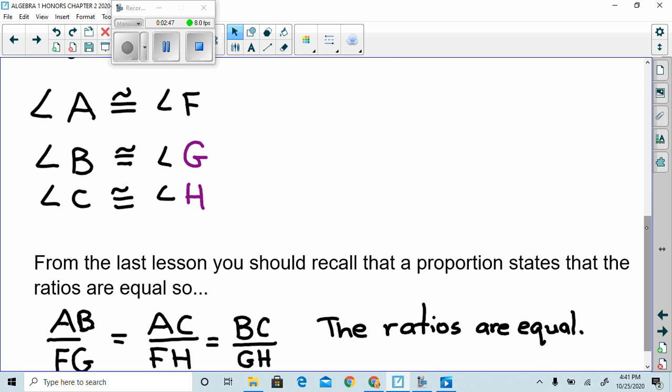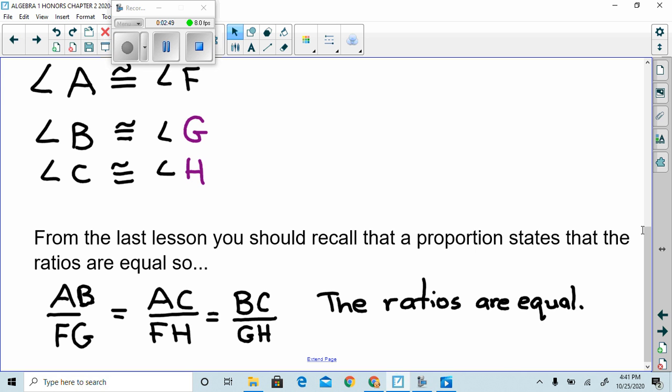So now if I go back and look at how I colored in that figure, we can see that each of these corresponding sides is in a ratio, and the ratios form a proportion.